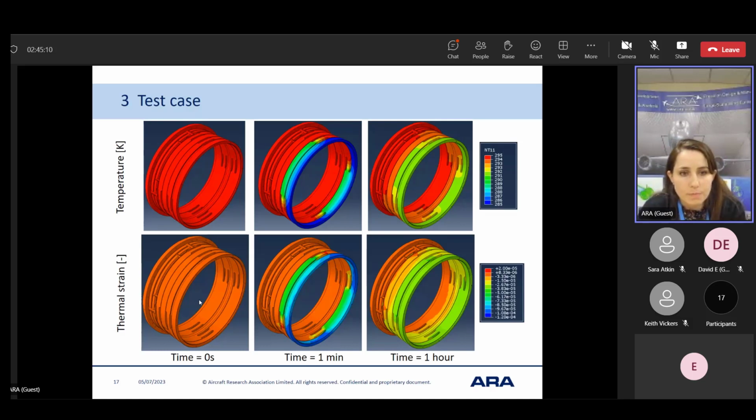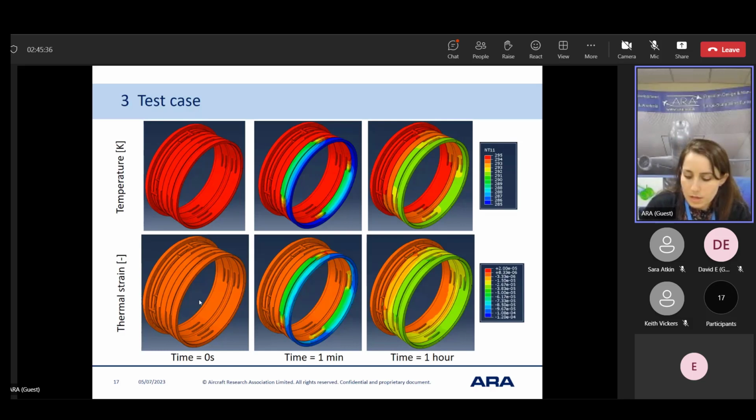At time 0, the balance has an ambient temperature of 295 Kelvin, and the thermal strain is just 0 everywhere. After 1 minute, one end of the balance is really cold, due to the very cold applied load. And after 1 hour, we can see that the balance is warming up again.